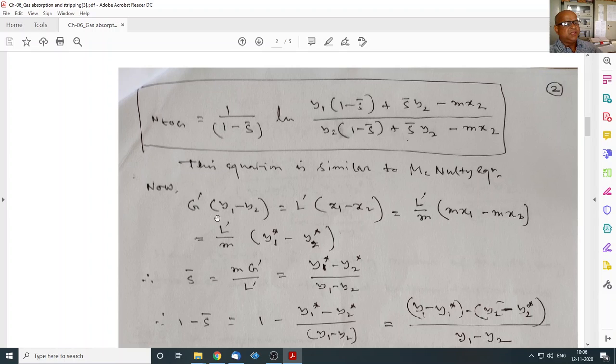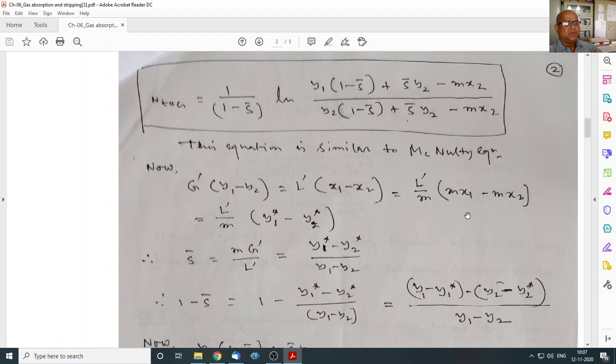Now I know from the material balance that G' (y1 minus y2) equal to L' (x1 minus x2). Now x1 by x2 equal to what? mx1, I can put m at the bottom and write m on top. Now this is equal to L. Then what is this?